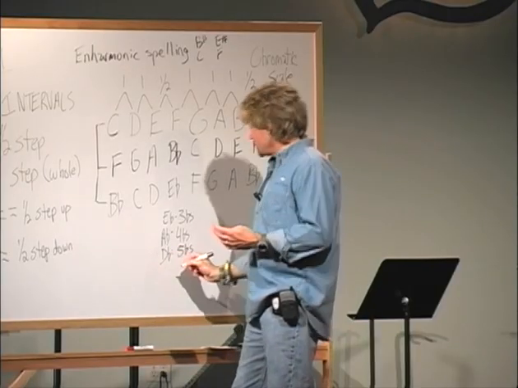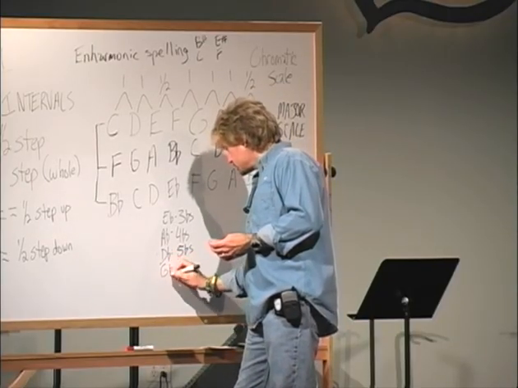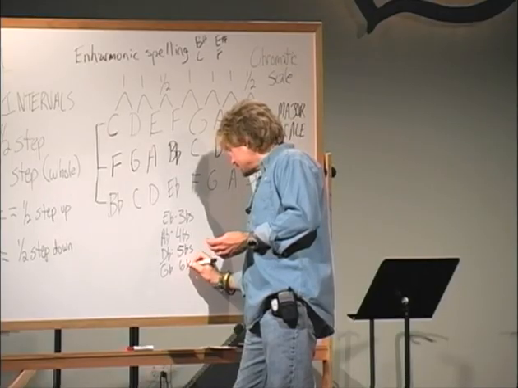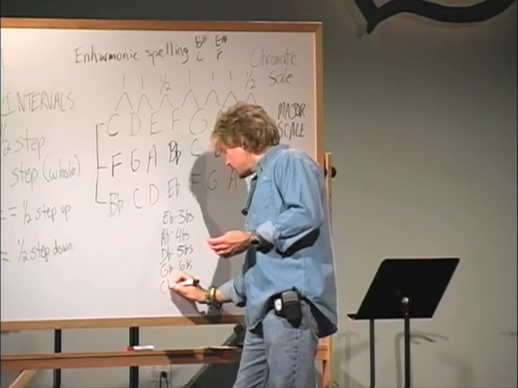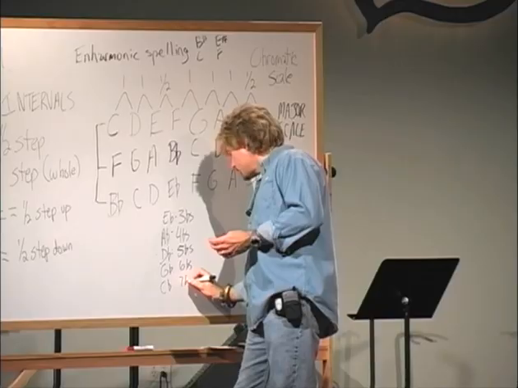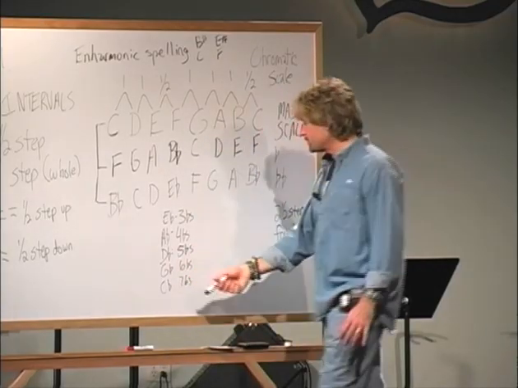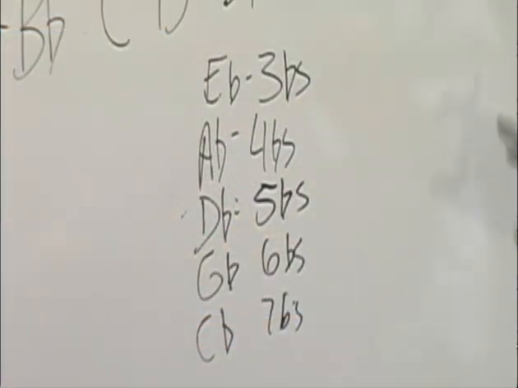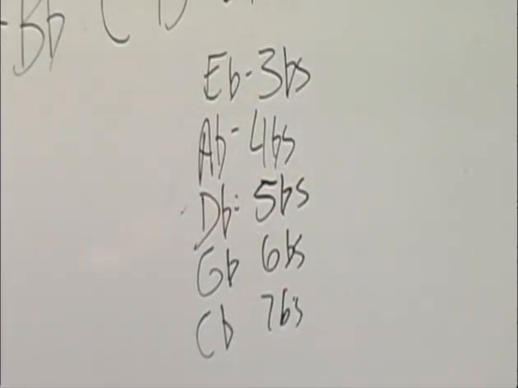When you go from D to the G flat, 6 flats, and then to the C flat, 7 flats. So that's helpful if you're reading a key signature, and it's also, again, important to understand chord construction.